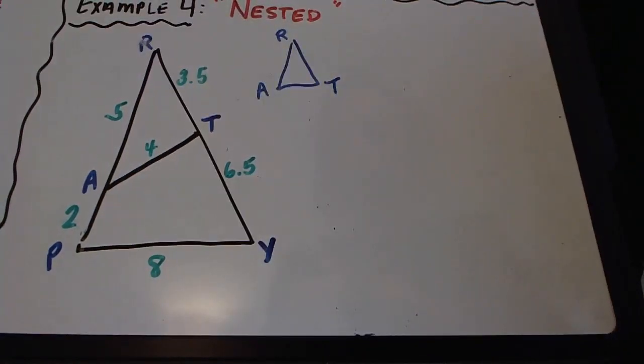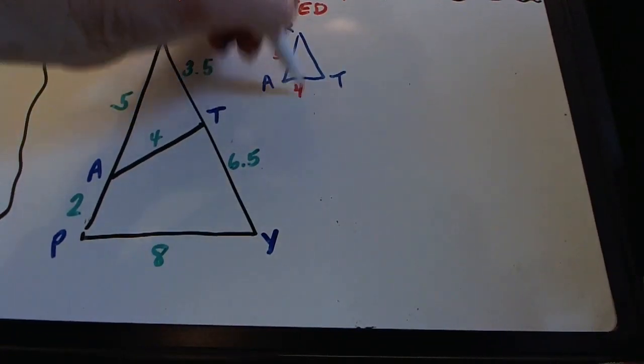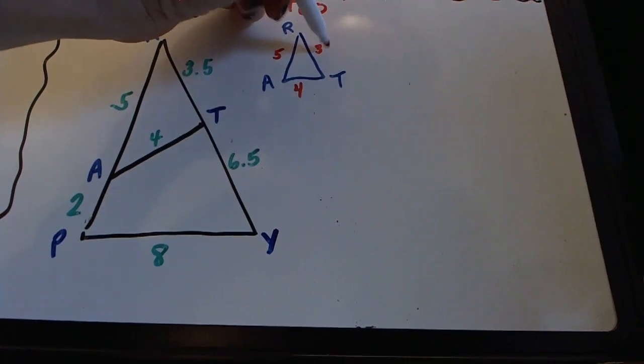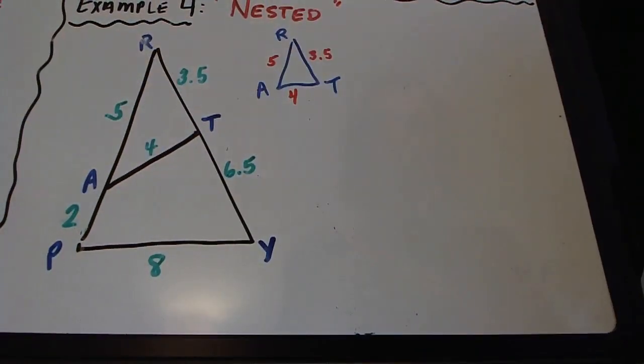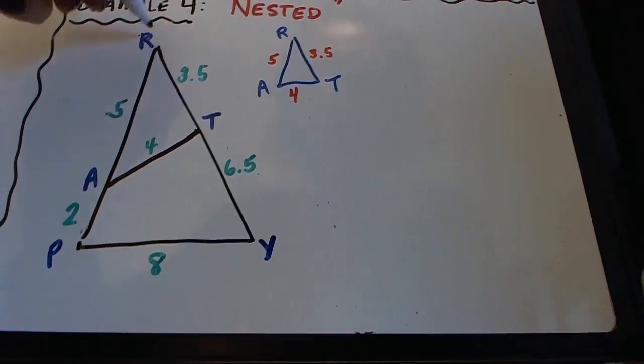Okay, so I'm going to fill in my side lengths. I'm going to use another color. So I got a 5 here, I got a 4 here, and I've got a 3.5 on this side. And then I need to draw the bigger triangle, which is triangle RPY.